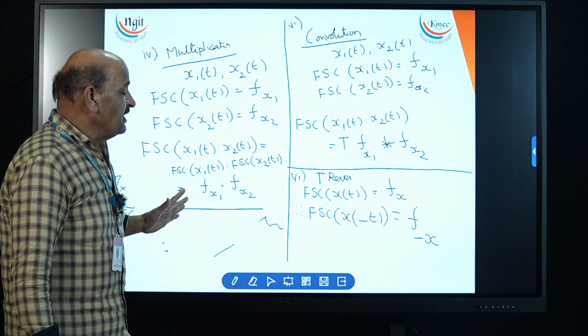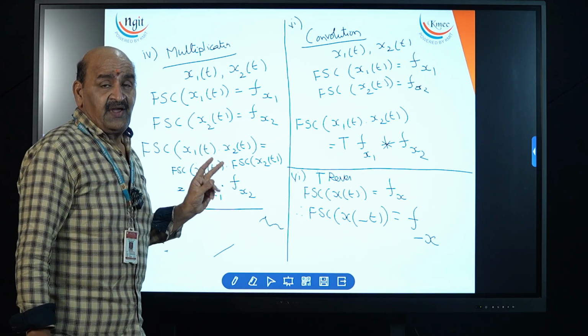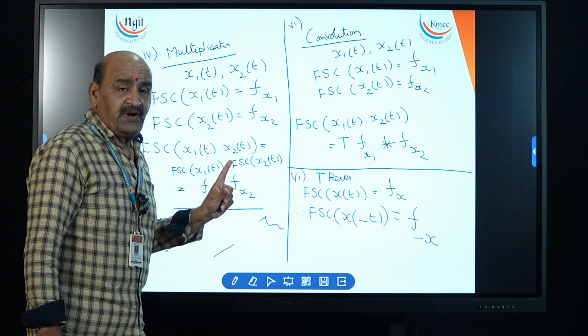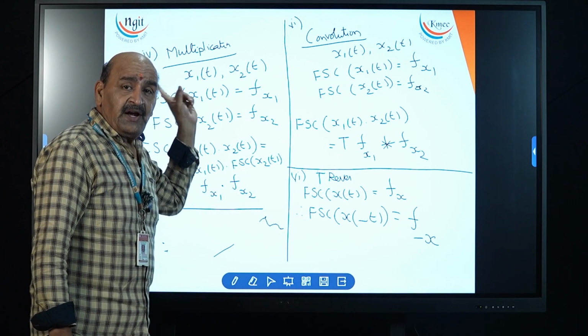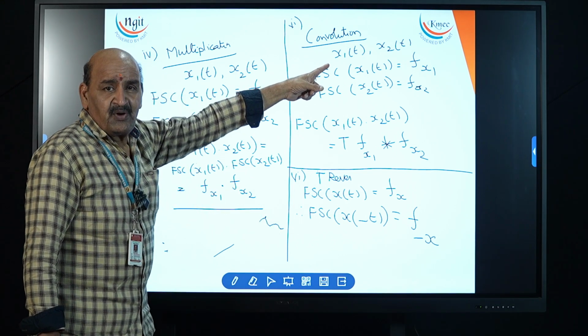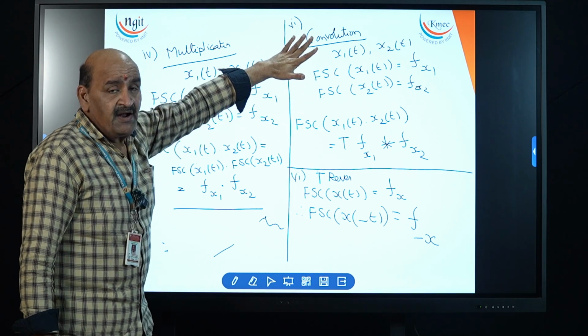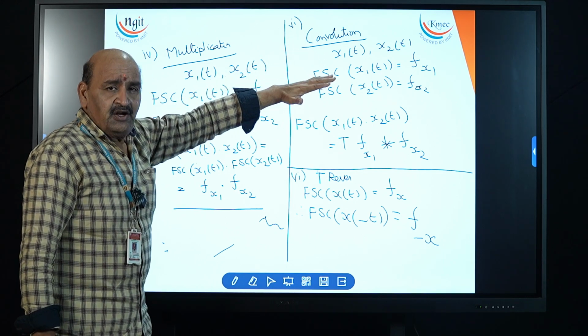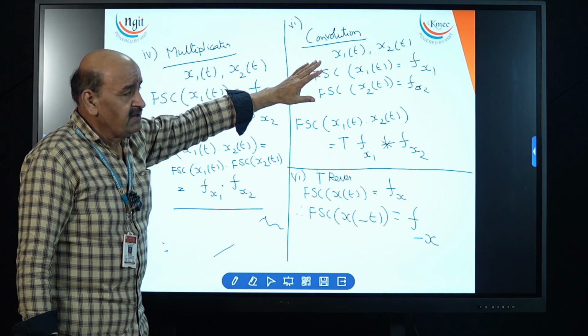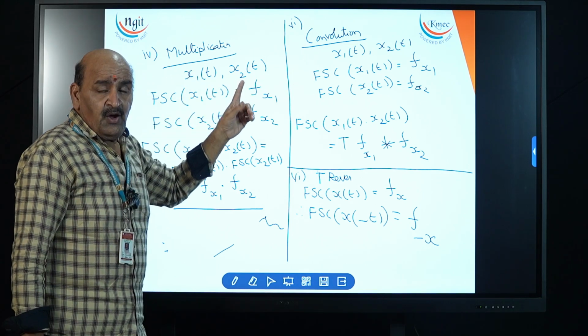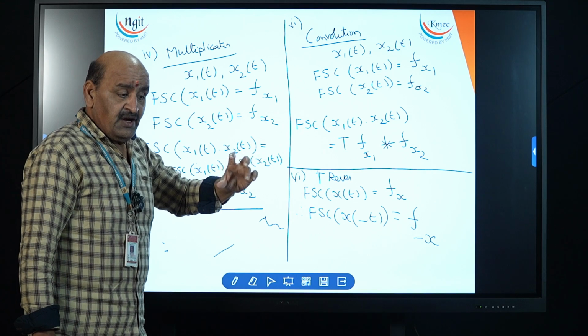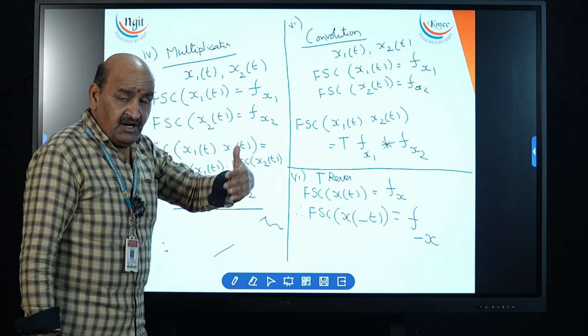Among all these properties, linearity property, scaling property, time shifting property, time reversal property, multiplication property, and convolution property, the main focus will be on convolution. In university, they repeated this question two times. Actually, the question should be like that: what is the convolution property in coefficient of approximation in Fourier series?